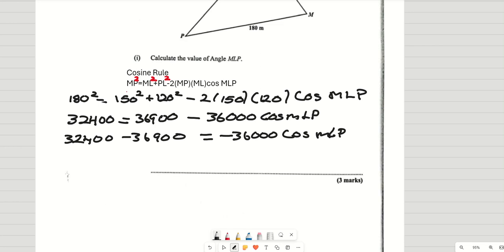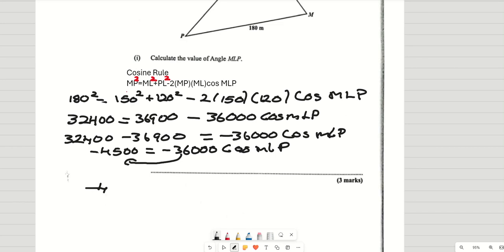All right. So when you subtract, this is minus 4,500 is equal to negative 36,000 cos MLP. You want this to be the subject, so you want MLP to be the subject, so you carry this across.